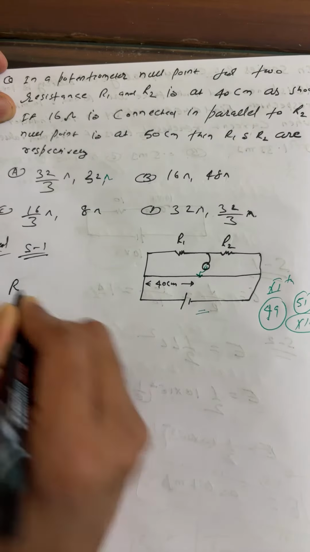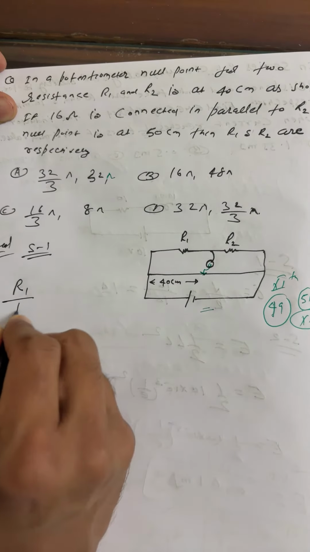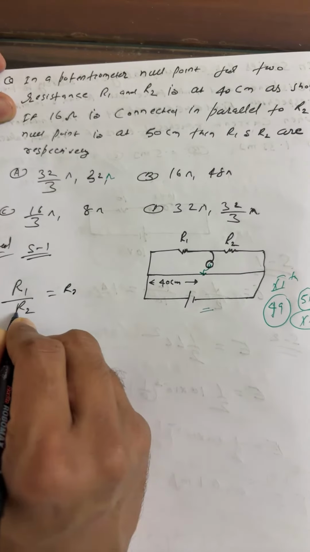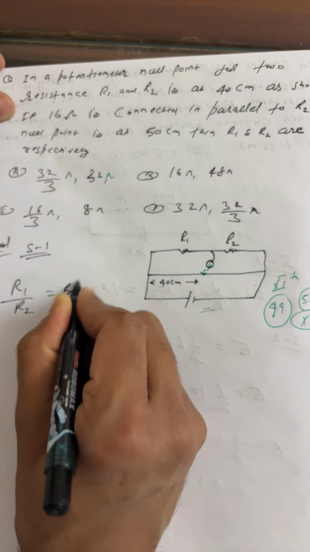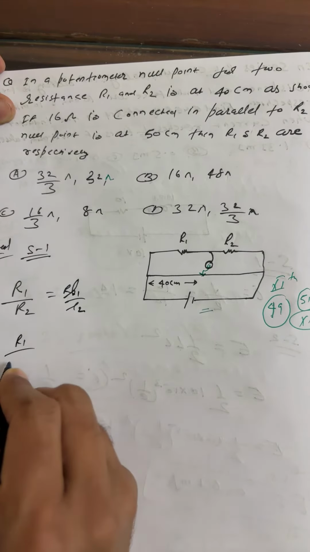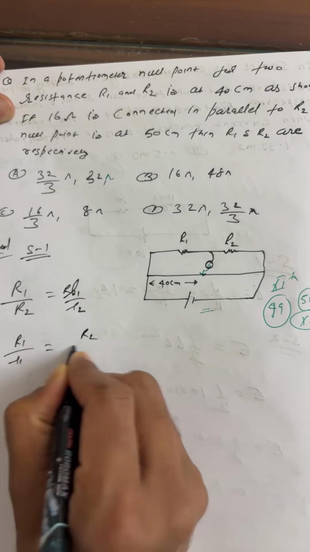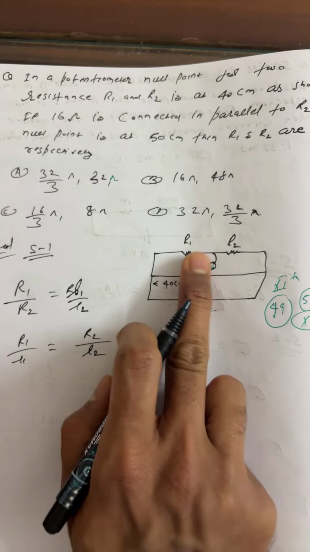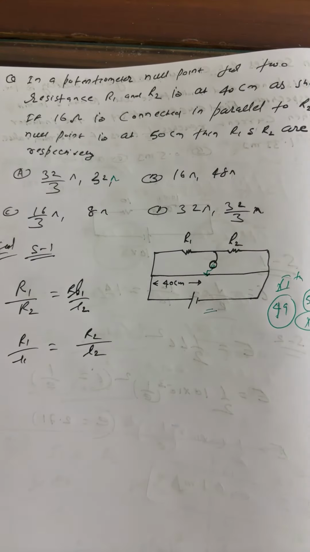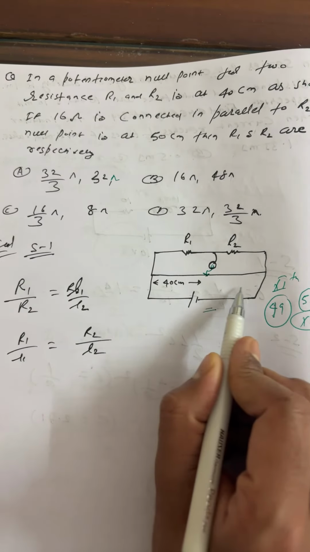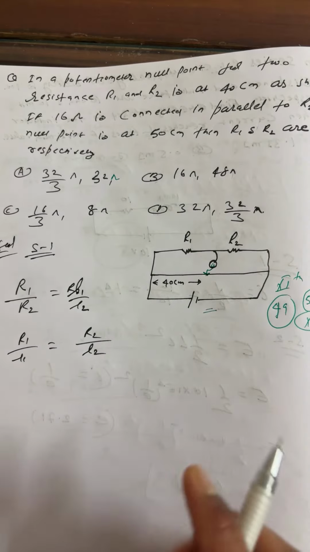I hope all of you remember the condition for a potentiometer. Students, you can use this basic formula: R1 upon R2 equals L1 upon L2, or R1 upon L1 equals R2 upon L2, my dear, right? R1 we don't know. We used to find R1, R2 basically. But L1 is known for us: 40. Because you know the length of a potentiometer wire is 100 centimeter.